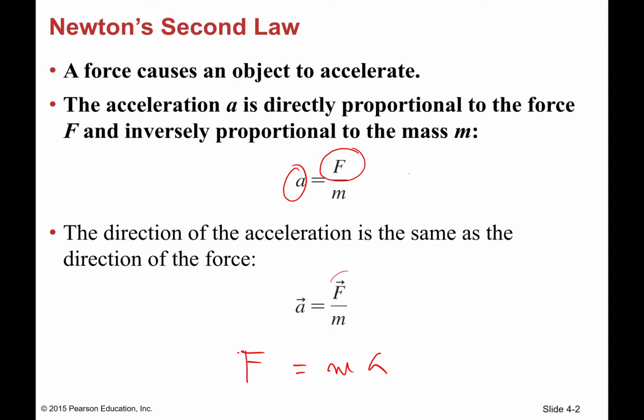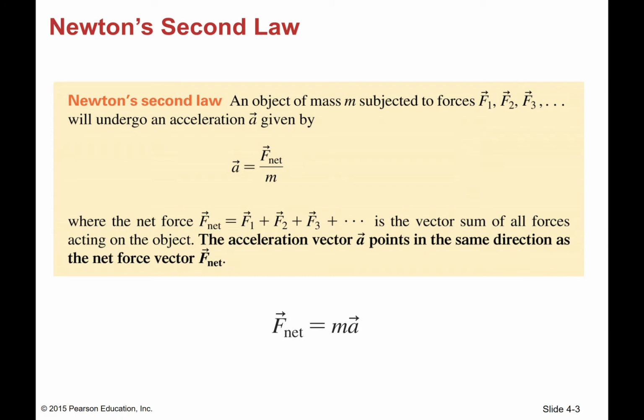So this is Newton's second law, and this is going to be our fundamental law that we are going to use in the rest of this class to study the motion and the causes of the motion of many objects. Newton's second law: an object that is subjected to forces F1, F2, F3 will undergo an acceleration a that is equal to the net force, being the sum of these forces, divided by the mass.